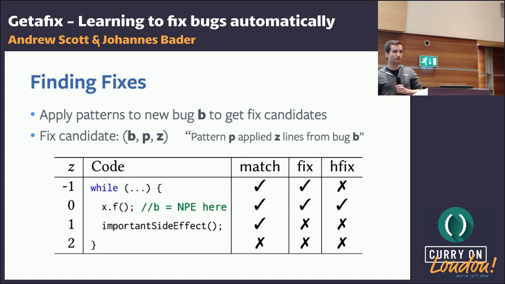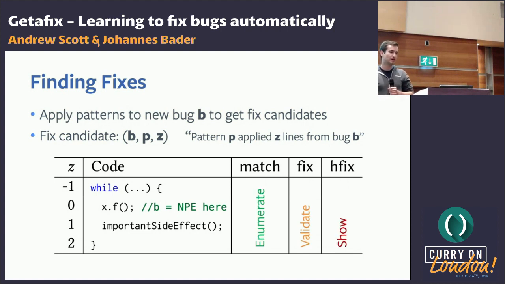Fix candidates are really triples, B, P, Z, meaning pattern P is applied Z lines away from bug B. And that makes match, fix, and hfix predicates of this triple, and it's those predicates that we want to decide, specifically hfix. However, they're also increasingly hard to decide.